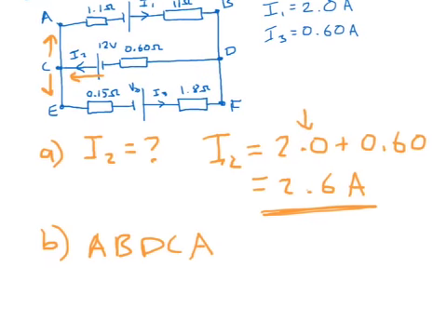So I1 times 1.1, I'll just put them in brackets. We know what I1 is now, or we did already, so current times, okay, V equals I times R, that's what we're using.